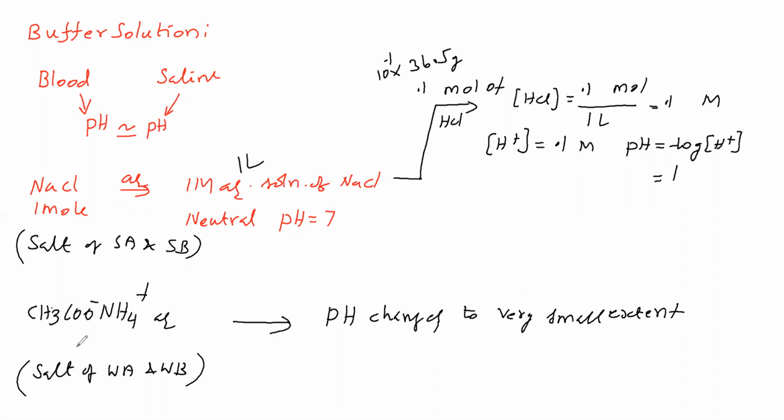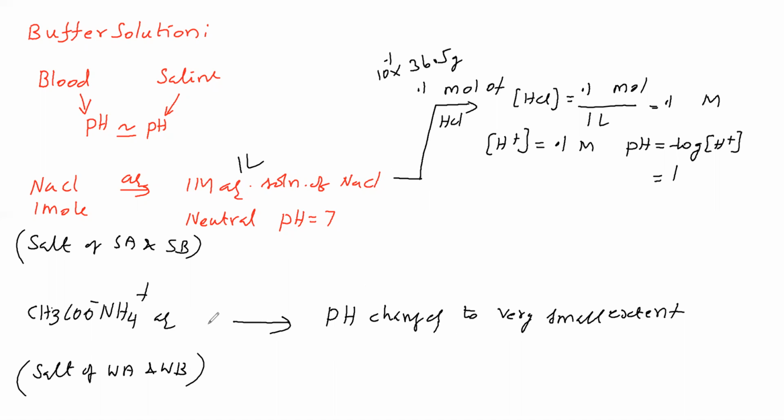Then we can call this a buffer solution. So what is the definition of a buffer solution? It has to resist the change in pH. So if you see, when we are adding acid, pH changes drastically. When we are adding acid into this, pH changes to a very small extent. Therefore, this is not a buffer solution. It is also not a buffer solution.